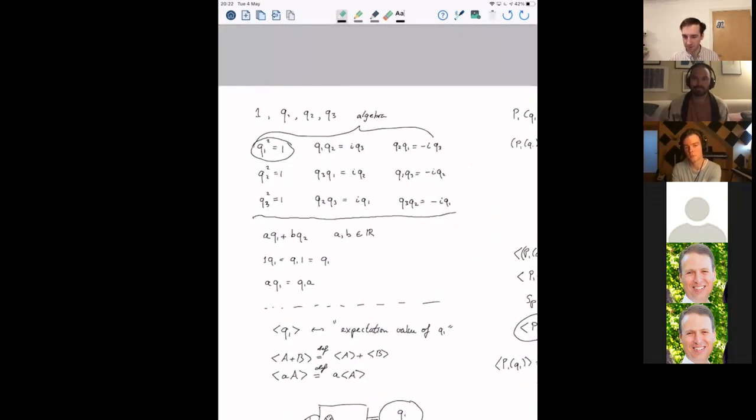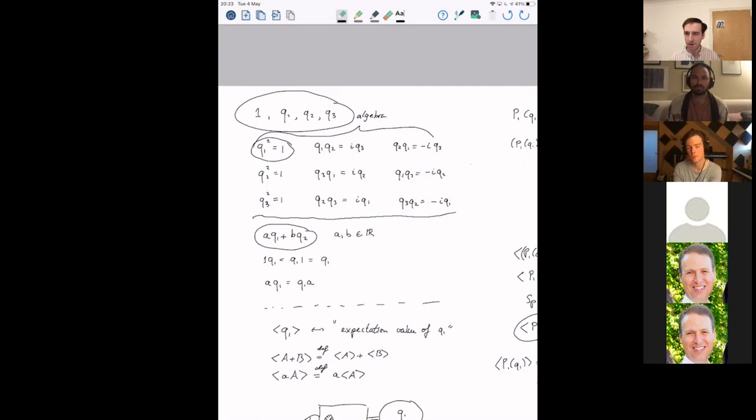As I understand it, it's any linear combination of these things. It's either a sum of two things, or a product of two things, or a product and the sum of two things. And the complete set of numbers that you can make by multiplying and adding these four basic elements is called the quaternions.